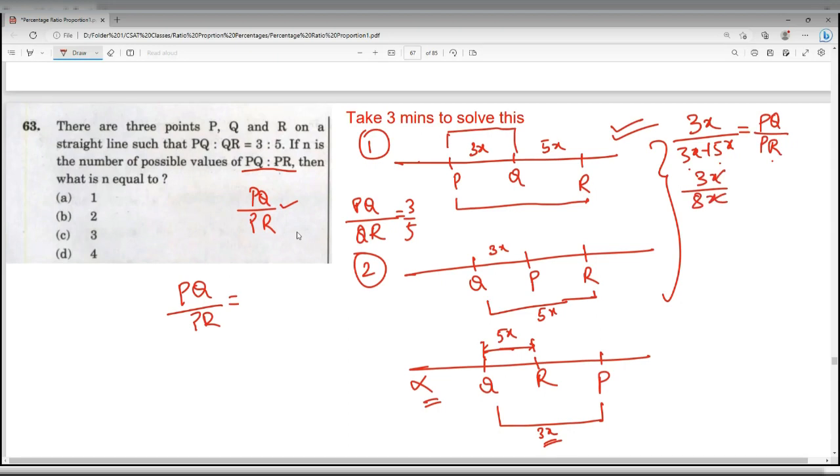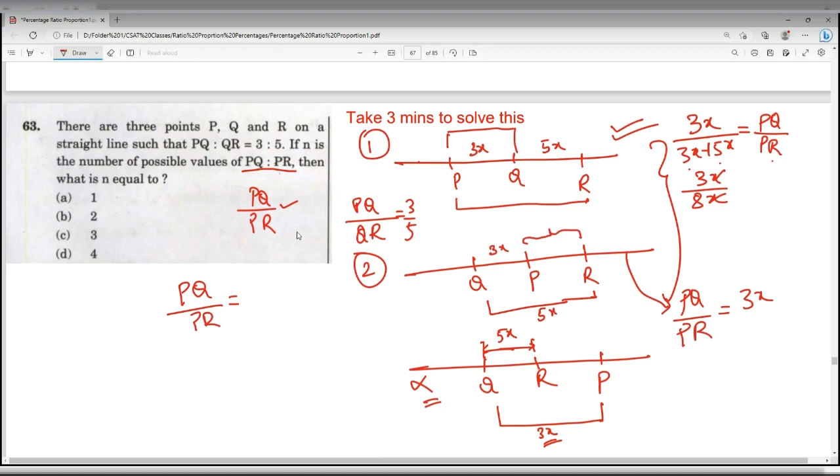Now in this case, we need to find PQ by PR again, the same ratio. PQ is equal to 3x, and PR is the total of this value. I have to calculate this value here.